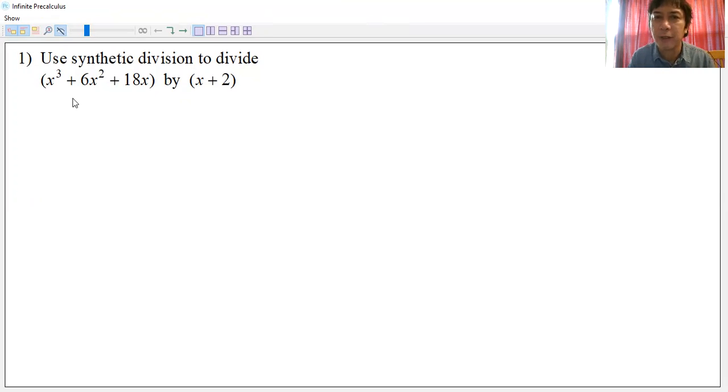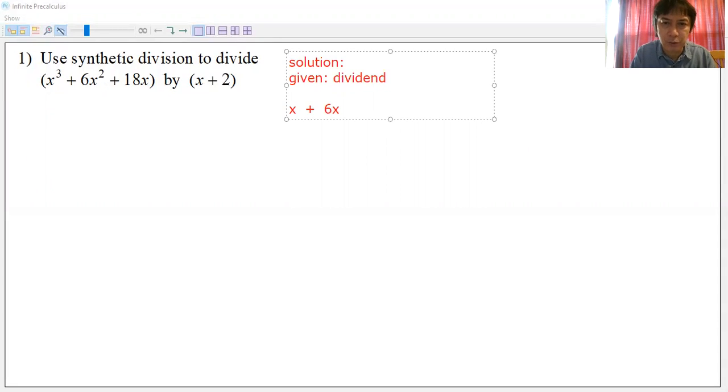Now we shall try to type that for a very clear presentation. So here's the given, and this will be the solution. We will take this as the dividend. The given dividend is actually x cubed plus 6x squared plus 18x.